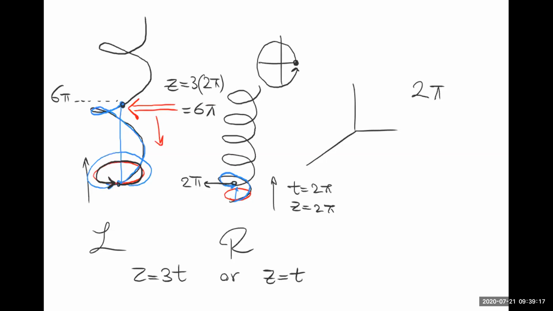So the number in front of t shows how fast this thing is going up. So if it goes up very, very fast, this number would be a large number, like 3t.